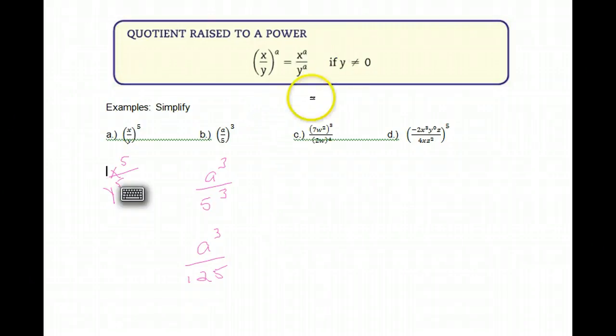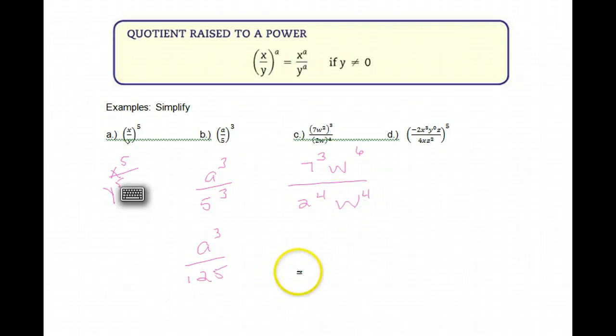Letter C, we have some product to a power going on here. So we're going to take care of 7 cubed w to the 6th over 2 to the 4th w to the 4th. We then want to evaluate.